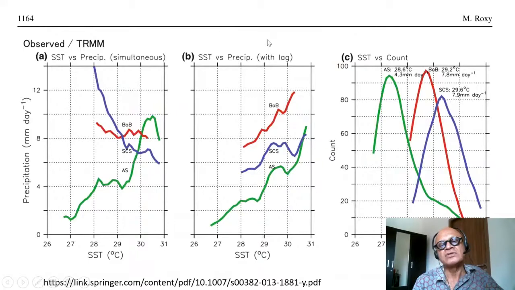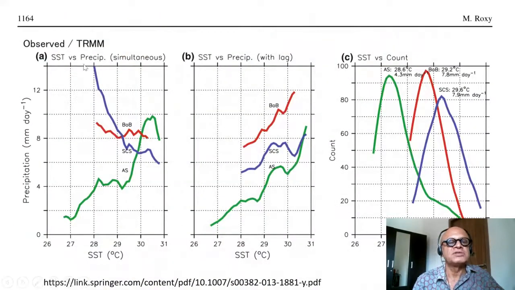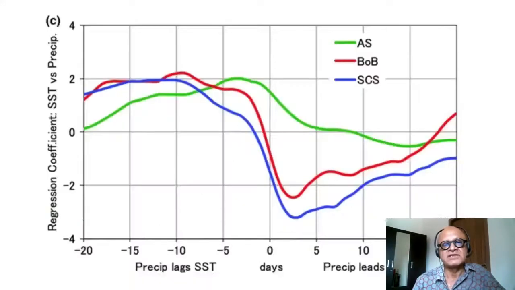And when he accounts for this lag, he argues that there is no such drop at the warmest sea surface temperatures. So this may be an artifact of looking for simultaneous relations between precipitation and sea surface temperatures, instead of keeping in mind that there may be a lag associated with the warmest sea surface temperatures.